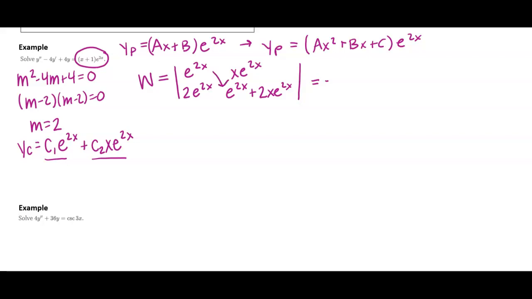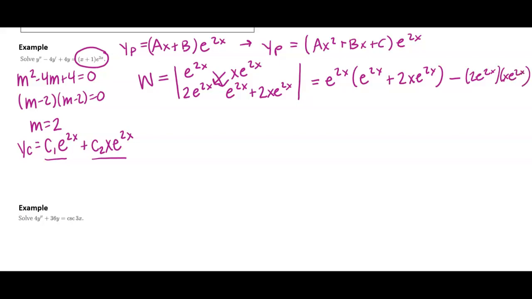So I get e to the 2x times e to the 2x plus 2x e to the 2x minus 2 e to the 2x times x e to the 2x.